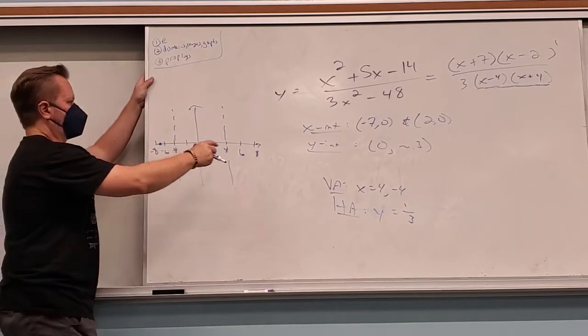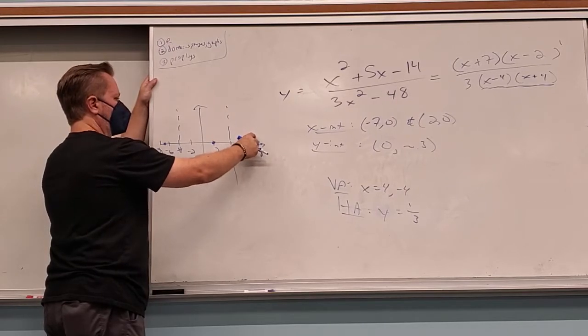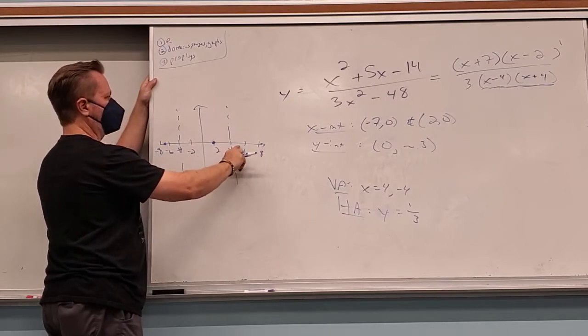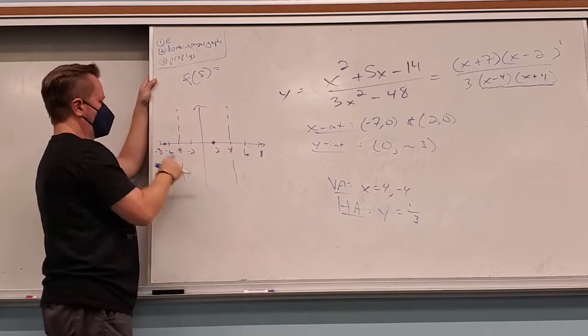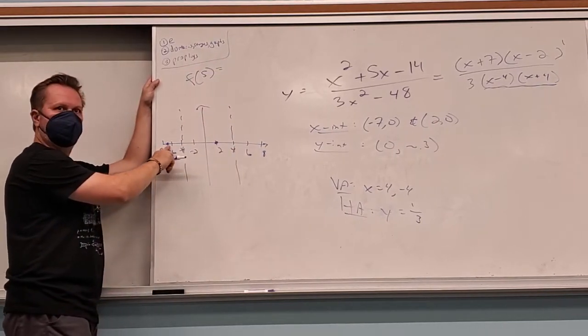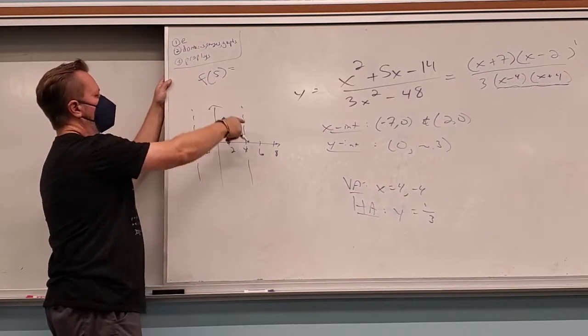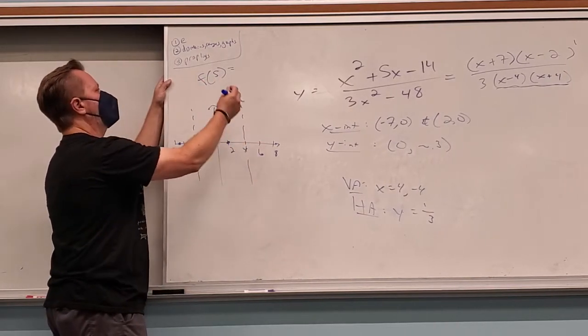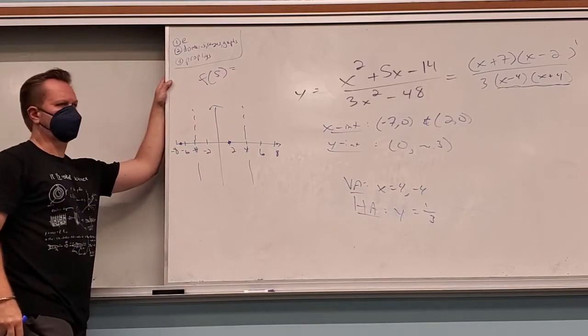But I don't know what's happening here for sure. So if we put in 5, then I can get an idea what it's doing over here. Over here, I know it goes through there. That's good to know. So let's see what f of 5 is. So now that I know what I need to plug in, I can figure out what this is, and that'll tell me what this scale is going to be.